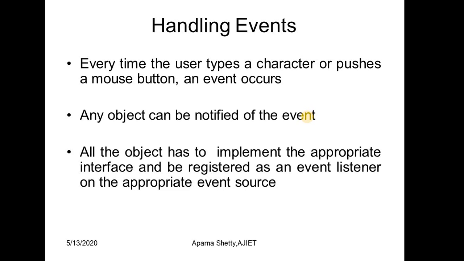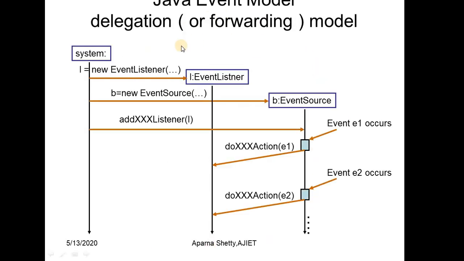So how does this delegation event model look? In this delegation event model, there are two components: one is the event source and the other is the event listener. The event source is the source of the event, and it provides all the information about the occurred event. Next we have the event listener, which is also called the event handler.